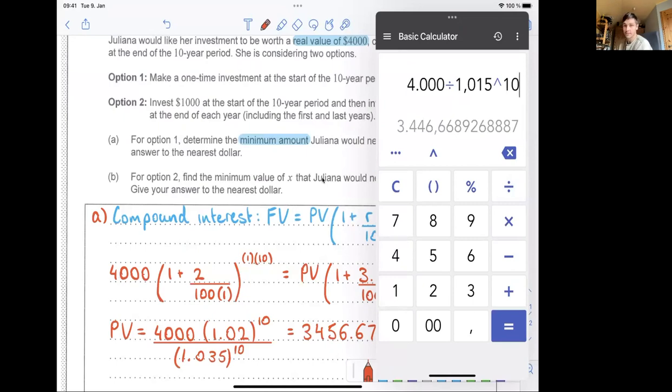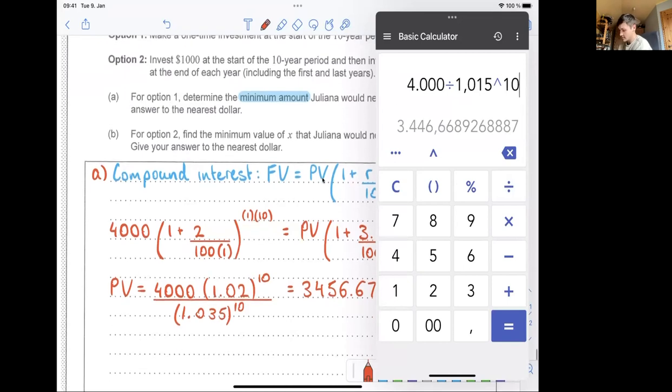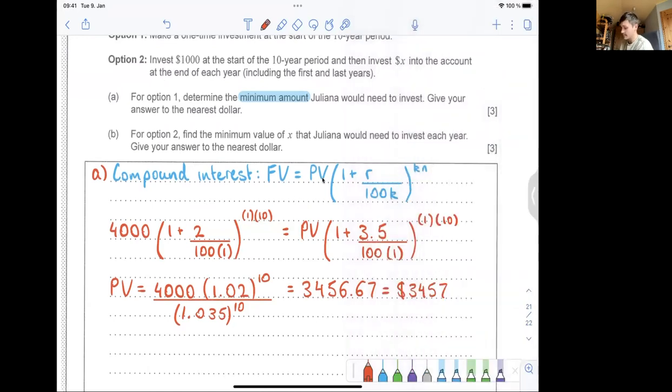So it's very close to being correct, though it is slightly off. But I will say that this is actually an accepted answer as well in the mark scheme. Both of these were accepted. The one that I've done here is more accurate, though that method is also accepted. But we're going to stick with this because that is more precise, more correct.